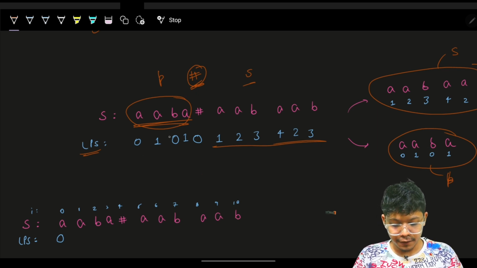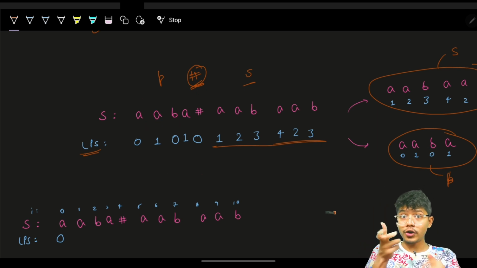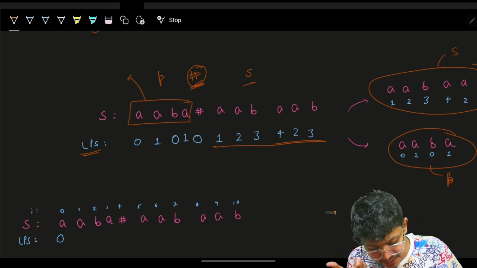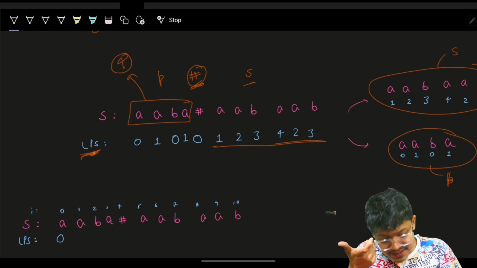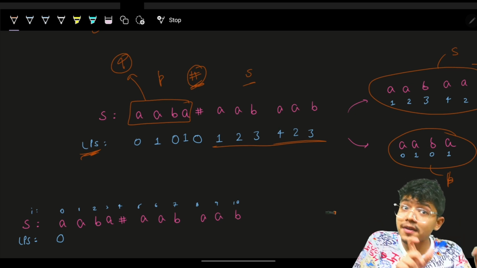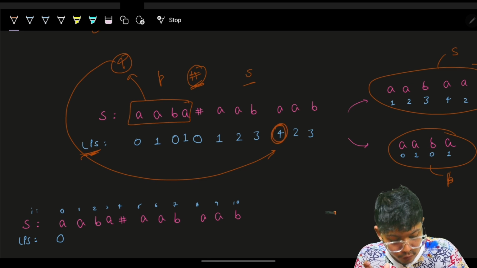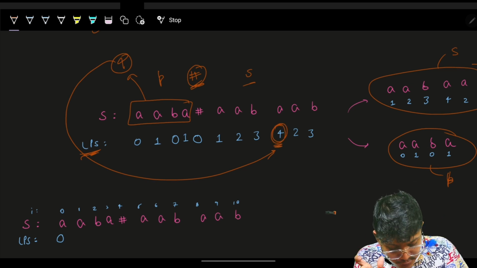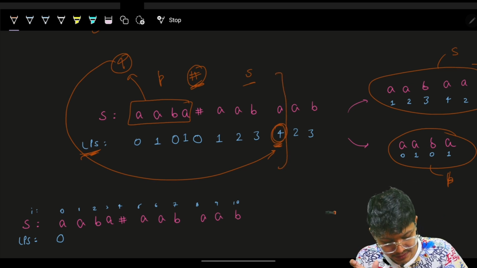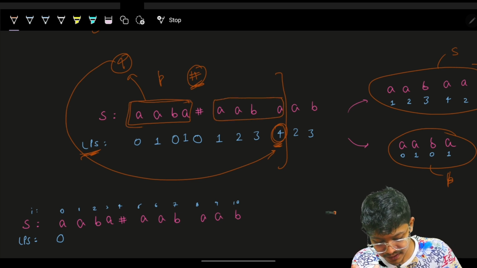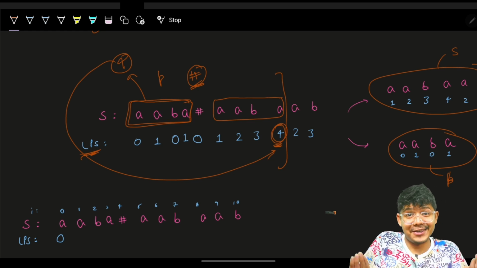Ultimately, if you want your entire pattern to match, you know the pattern length is 4. Your LPS says longest prefix which matches suffix, so you will try to find the length 4. Okay, the 4 is here, which means this 4 indicates that at this point my suffix is matching my prefix, and this is what we wanted.